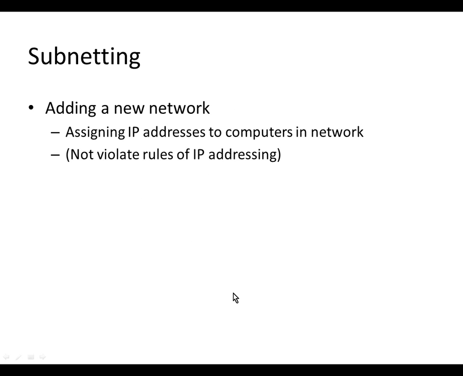Now let's talk about subnetting. Subnetting is where we add an additional network because we've built a new building, or we have added another floor to our building. We add a new network, and then we have to assign IP addresses and network IDs to the computers in that network and not violate the rules of IP addressing.